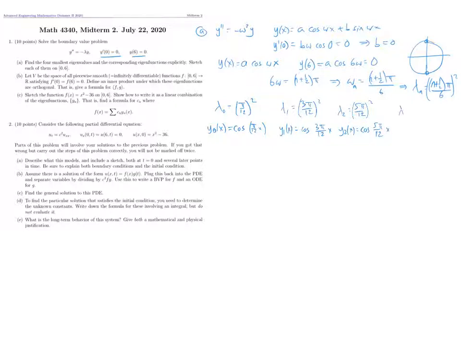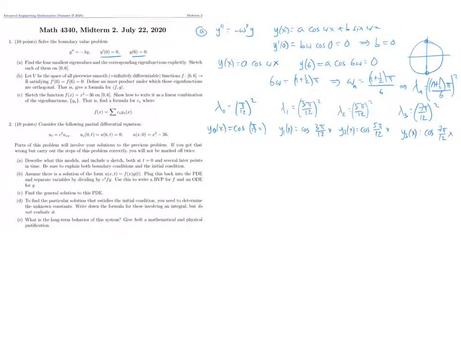And finally, lambda 3 is (7 pi over 12) squared, and y3 of x equals cosine of 7 pi over 12 x. Now, if you gave me omegas for eigenvalues, I think I took off half a point because that's not the eigenvalue, but if you got this far, you got most credit.